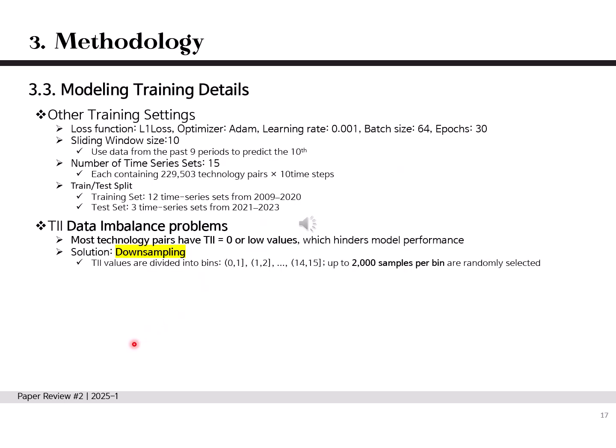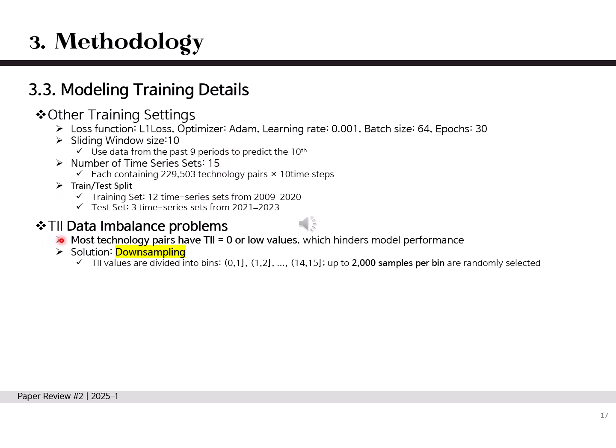And yes, these are some specific details for the model training: the loss function, the sliding window numbers, and the time series sets for the validation and the training set.